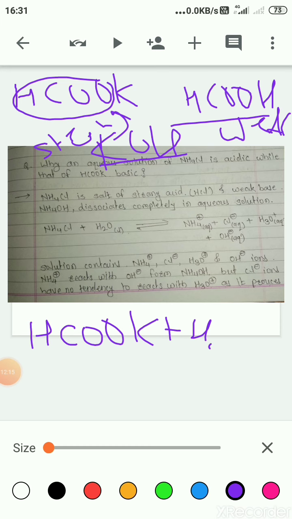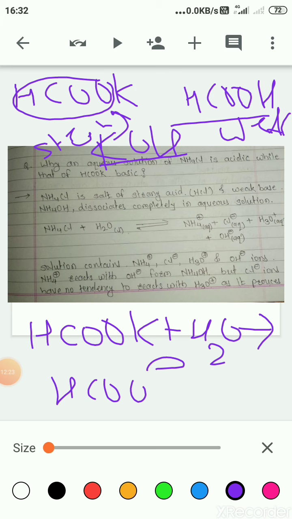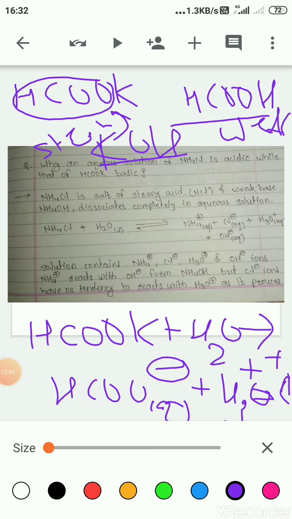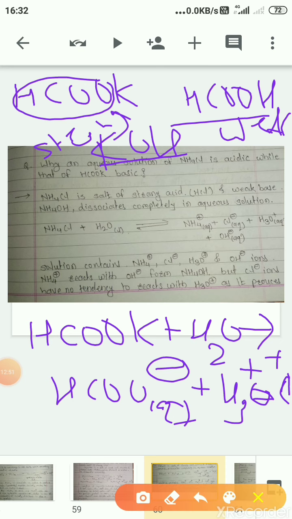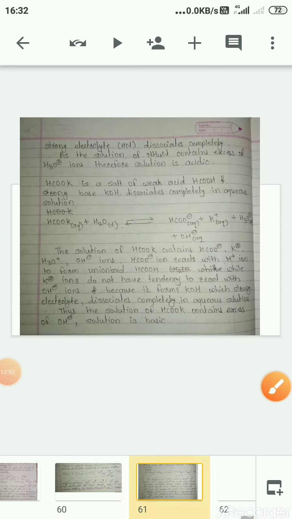HCOOK in water produces HCOO minus in aqueous solution plus H plus, or we can write it in the form of hydronium ion, H3O plus, K plus, and OH minus.